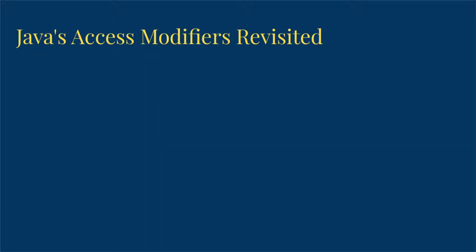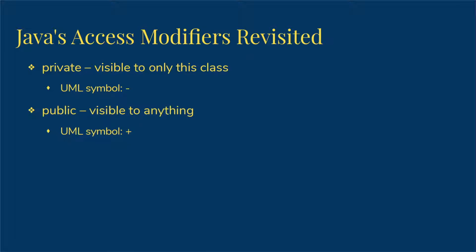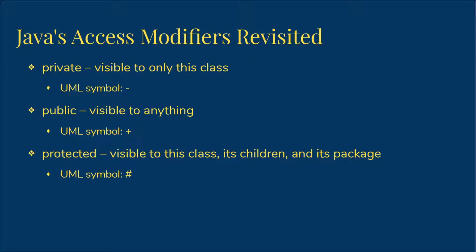This is a good time to do some quick review of the access modifiers that Java provides. So we have private, which means it's visible to only this class. When we do a class diagram, we're going to see the minus sign or hyphen. We have public, which is visible to anything, and that's going to use the UML symbol plus. And then a new one that I haven't really talked about before is protected.